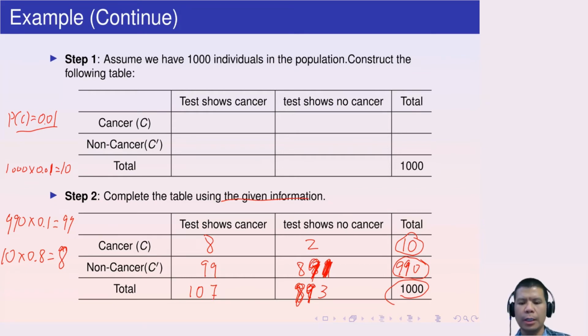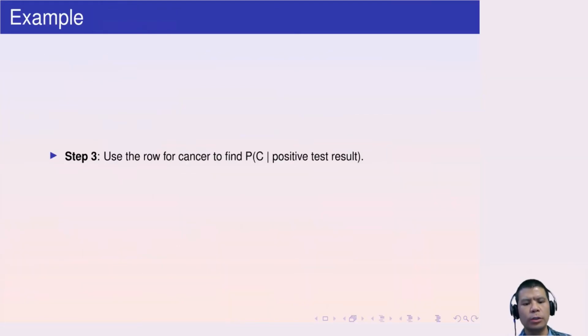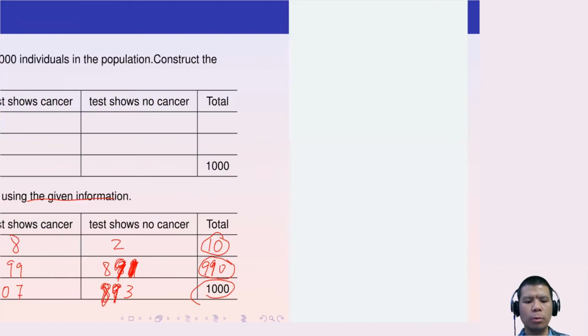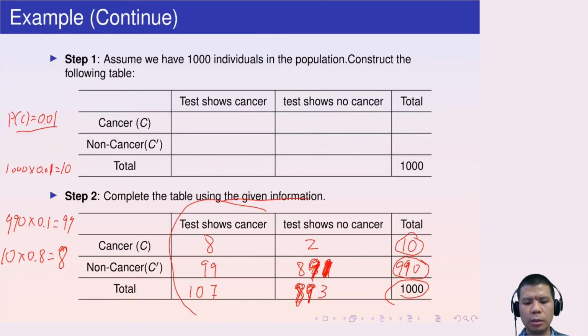Now we are going to use the table to find the probability of cancer. Actually this should be the column for the positive test result. Because the additional information given is a positive test result, we're going to focus on the first column.